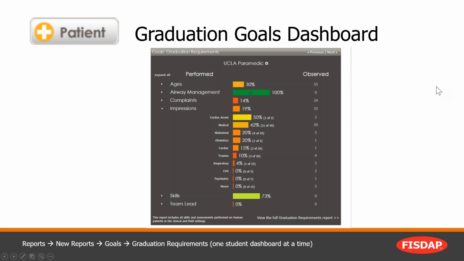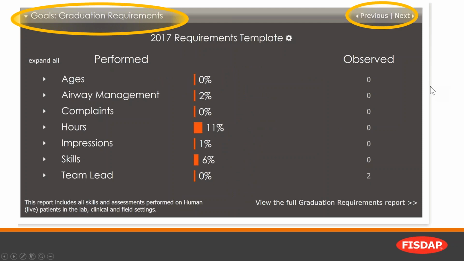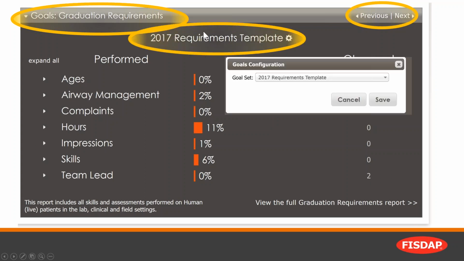But this previous next issue has been the bane of our existence, because the students don't know that this is a multiple view widget. So you're going to be able to see your airway management goal, your lab goals, and in this case, your graduation goals, which if you click on the little settings button, wheel, widget thing, bobber, you will be able to change the goal set for this widget.